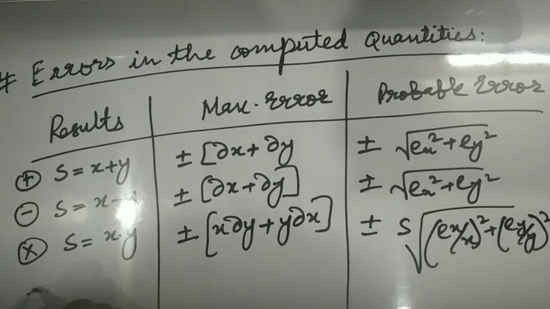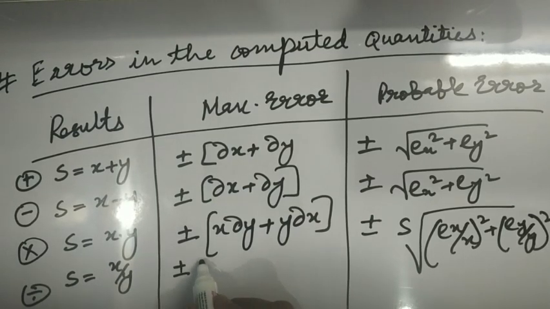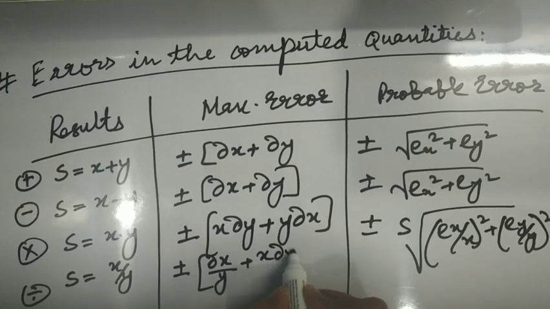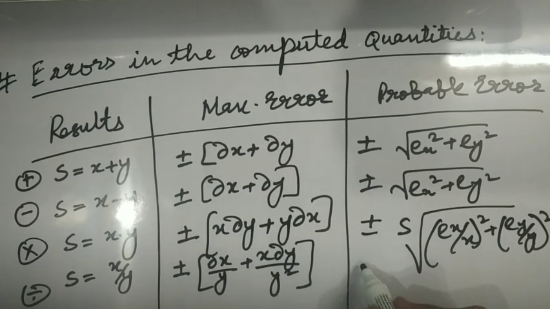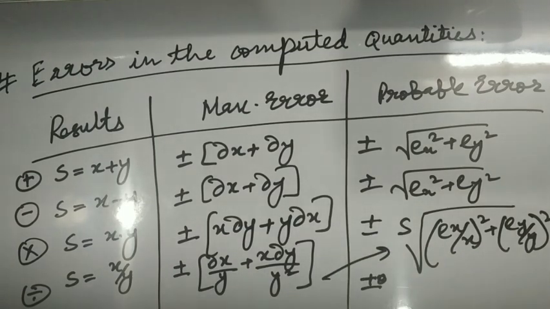Now in case of division, s is equal to x by y. The formula will be different. Dou x by y plus x dou y by y square. And the probable error will be same as before.